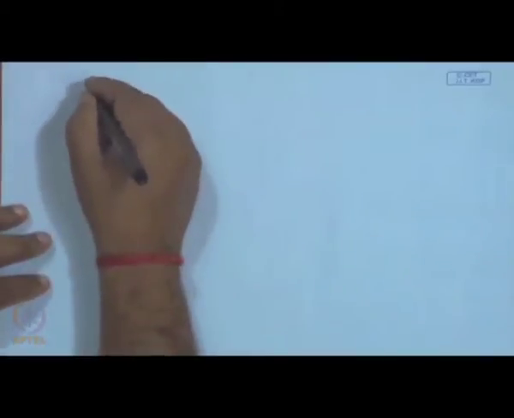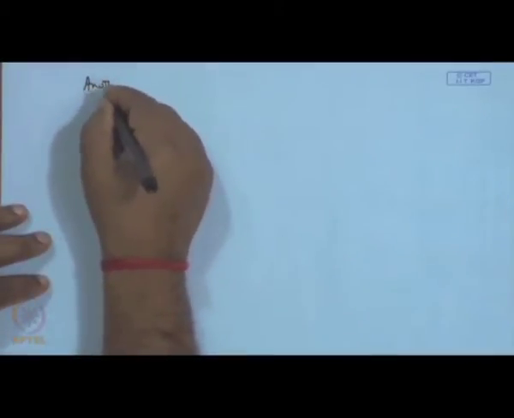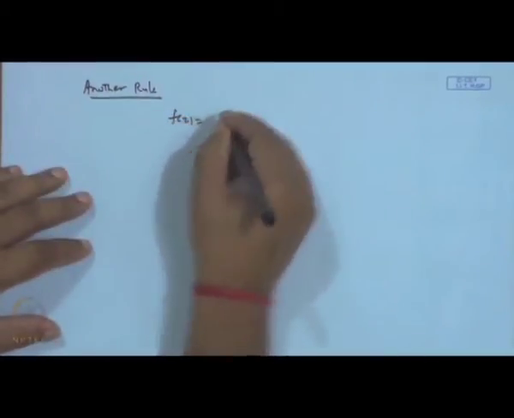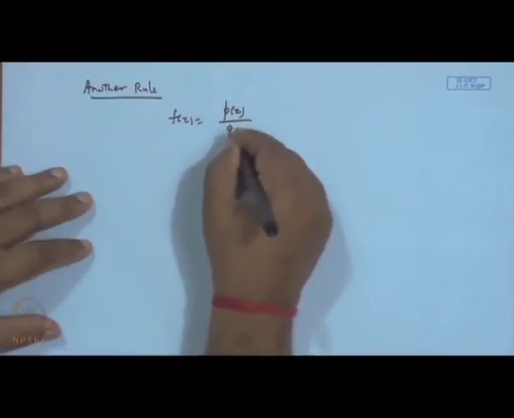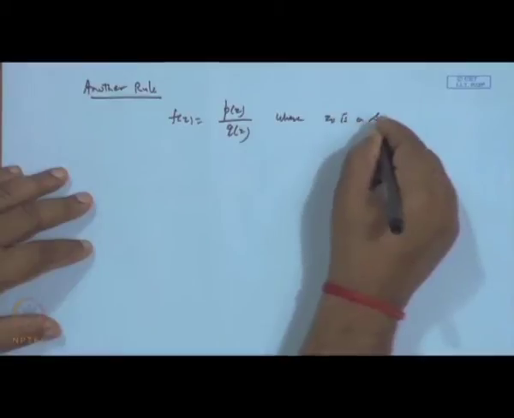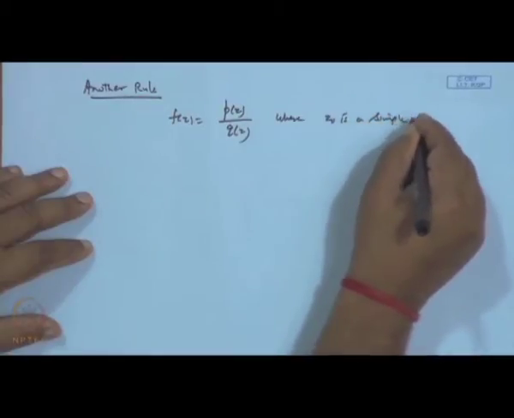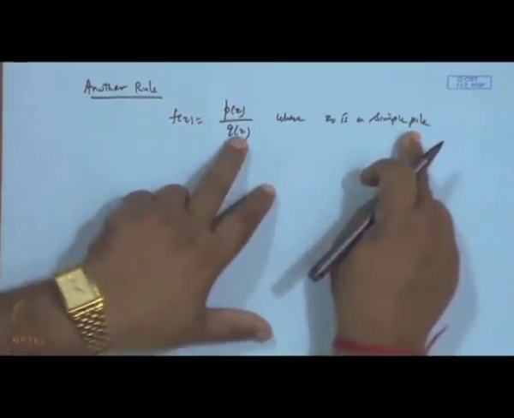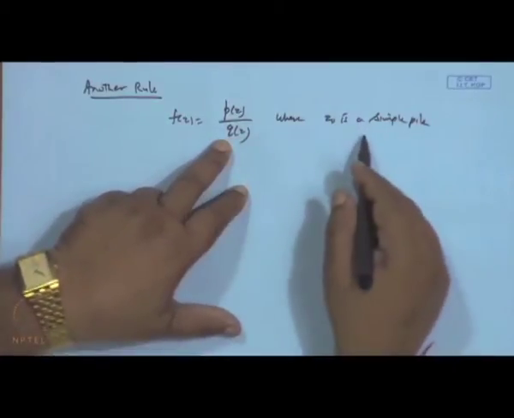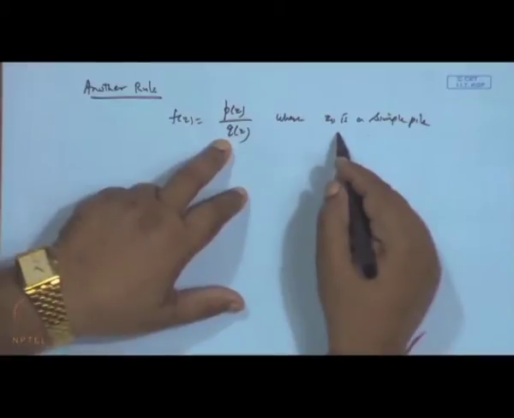Okay. Now, if it is a pole, another method, another rule, is this: suppose the function f(z) is of the form p(z) by q(z), where z naught is a simple pole. Then obviously the function q(z) must have a factor z minus z naught involved.